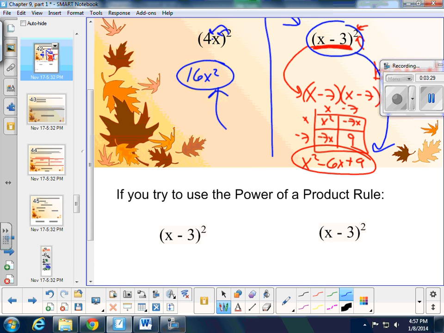So that's what we could get for an answer. Well, again, showing why this rule here, power of a product, doing something like this, will not give me the correct answer. If I do that, and again, showing you, yeah, this is wrong. This is something you can't do.